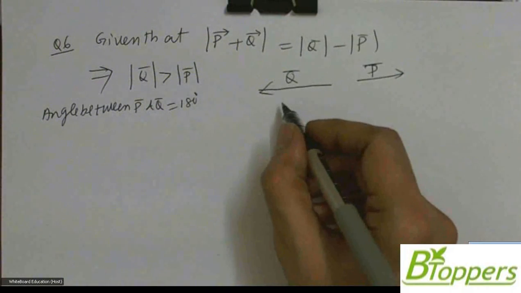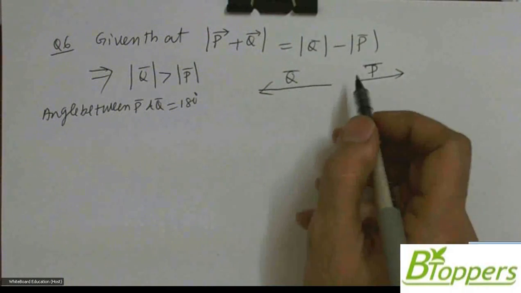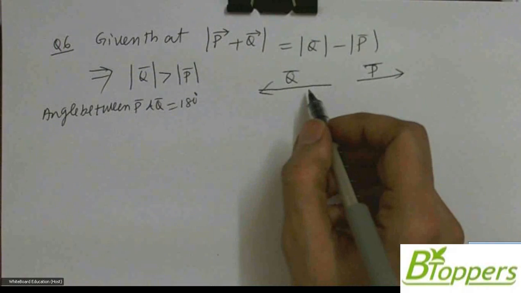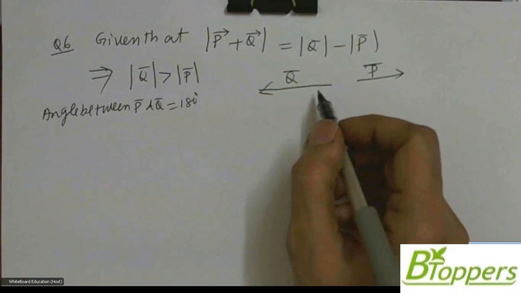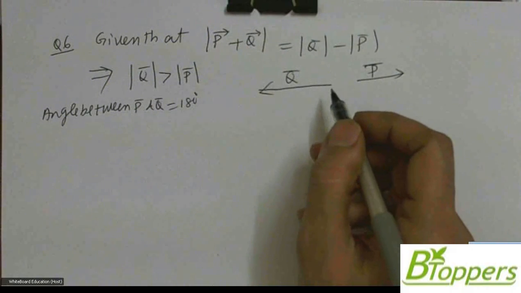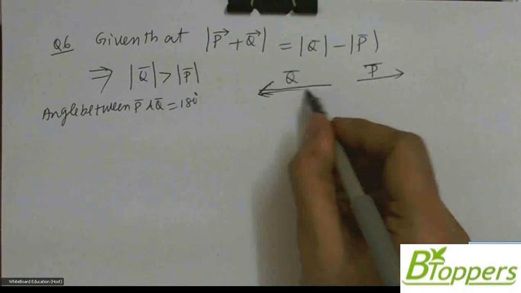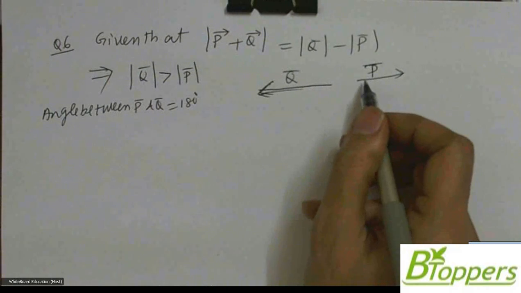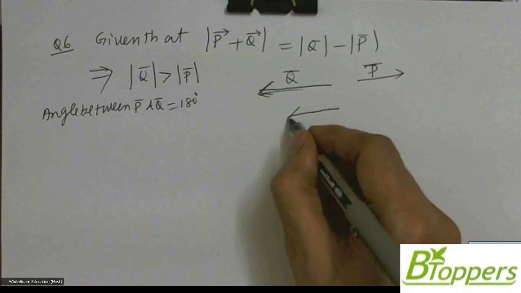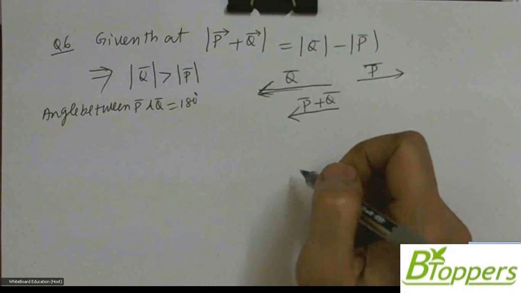As I discussed in this case 2, in general, if two vectors of different magnitudes act in opposite directions, then the direction of their vector sum or resultant will be the same as the direction of the vector with greater magnitude. Here, the two vectors P bar and Q bar act in opposite directions, and the magnitude of Q bar is greater than the magnitude of P bar. Therefore, the direction of the resultant of P bar and Q bar will be in the direction of vector Q bar.